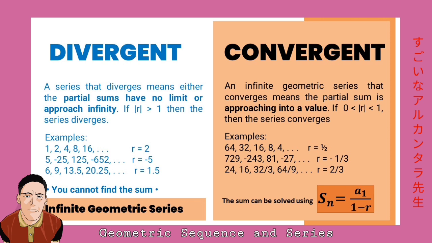And there is no number of terms being mentioned because we will never be able to find the number of terms of infinity. That's why it's infinity. It cannot be counted. But in this case, we can get the partial sum because of the formula we have here: a sub 1 divided by 1 minus r.